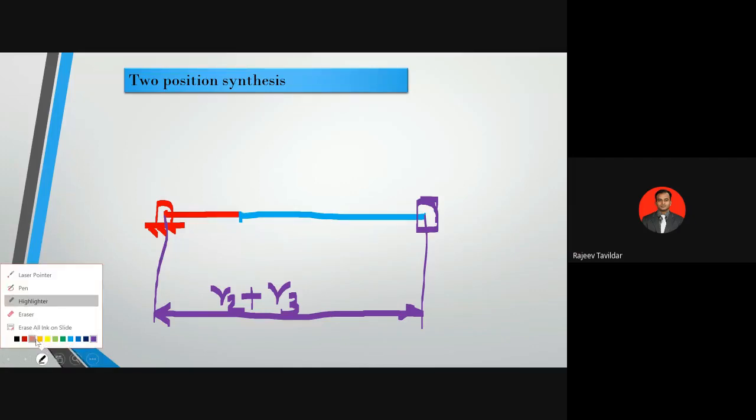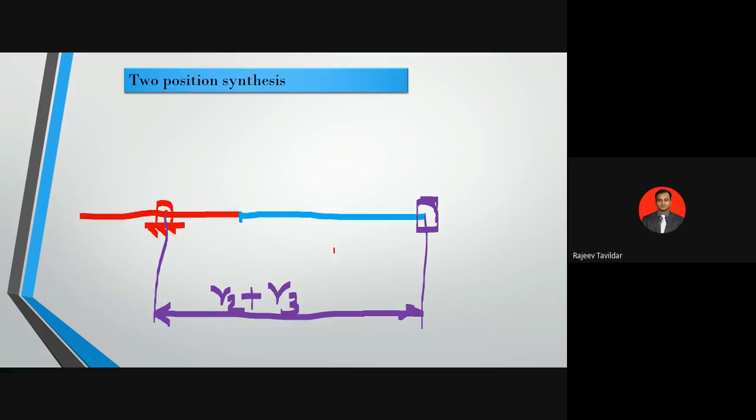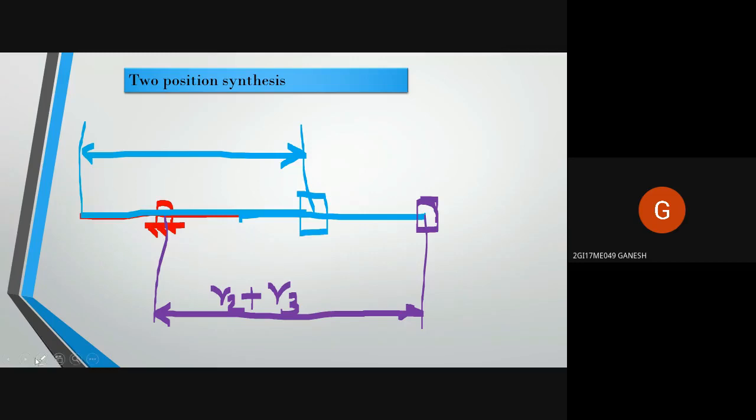Now the crank will come at this position, and over this, the connecting rod will come up till here, and we have the slider. Now, can you guys tell me what is this distance in terms of R? What will be this distance? R3 minus R2.